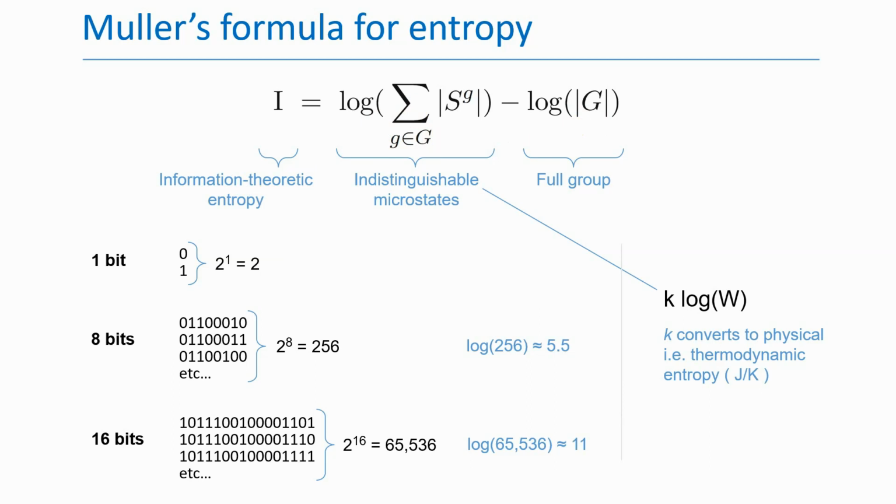For example, a digital bit can be in one of two states, on or off. 8 digital bits considered together as a single object can be in 2 to the 8th or 256 different states. If you double the number of bits to 16, you get 65,536 states, which is a big increase over 256.